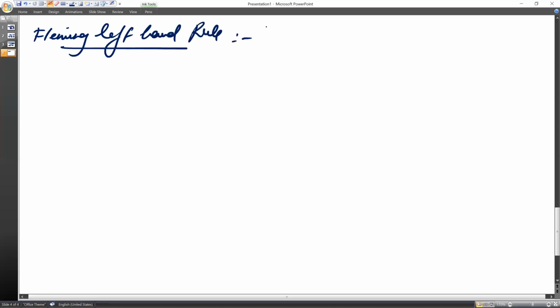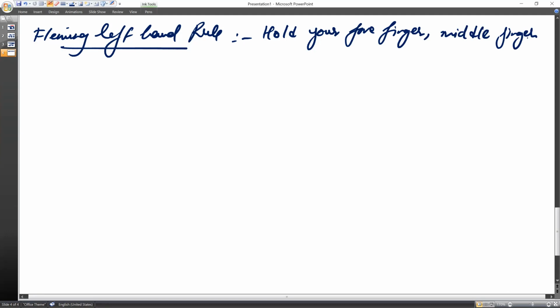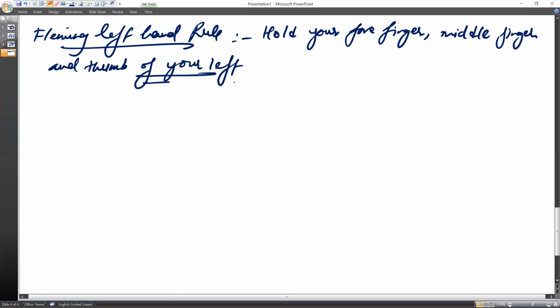It says: hold your forefinger, middle finger, and thumb of your left hand mutually perpendicular to each other. The students forgot to write 'of your left hand', so you have to write that.